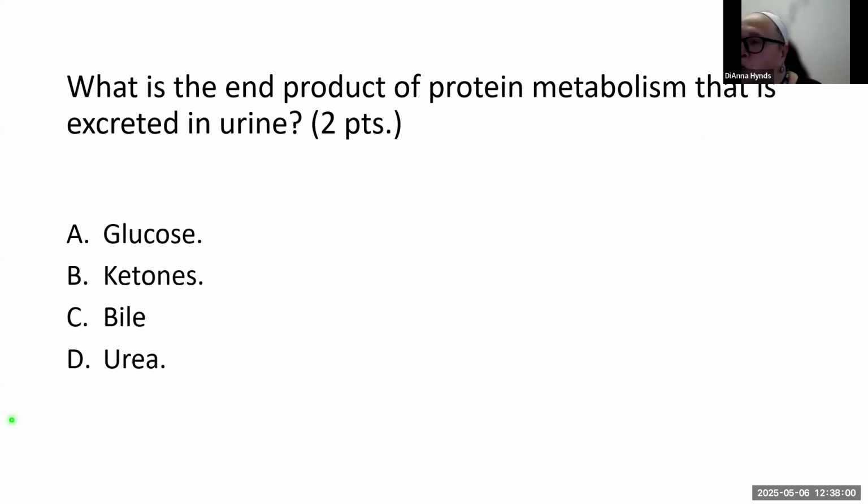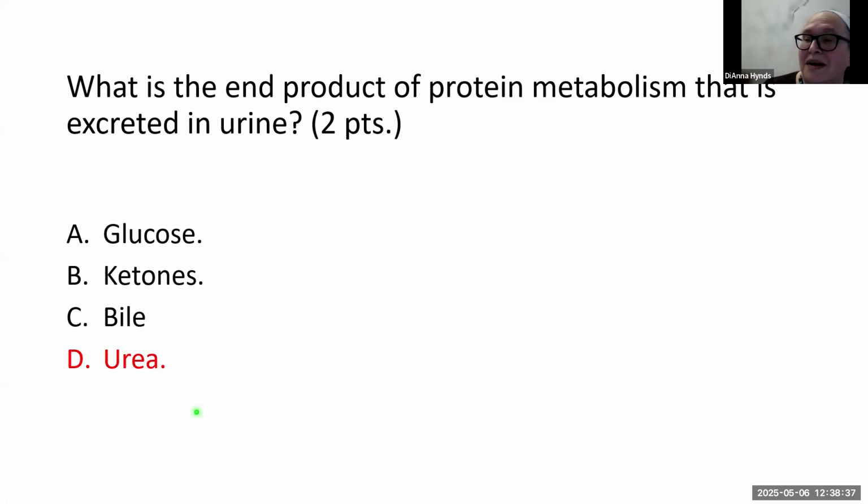2-point question. What is the end product of protein metabolism that is excreted in the urine? So when you metabolize proteins, what is the part that's excreted in the urine? Is it glucose, ketones, bile, or urea? Knowing which one of these derives from proteins will give you the answer. So the best answer here is D, urea.